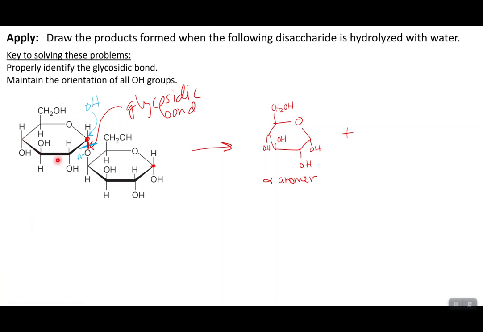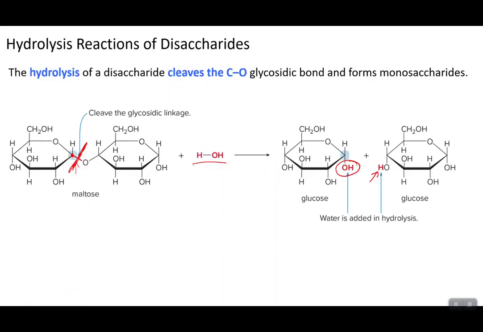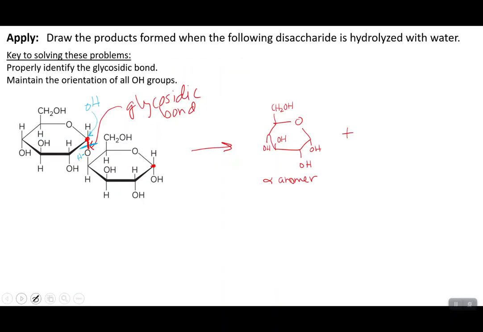Now I'm going to draw the second one, and I'm going to notice that on carbon number 4 here, the OH group has to point up in that second monosaccharide. So I'm going to start the same process. Draw your ring first, and then I'm going to keep the orientation of all of the other OH groups, and then make sure that the OH group that was involved in my bond is in the proper orientation as well.